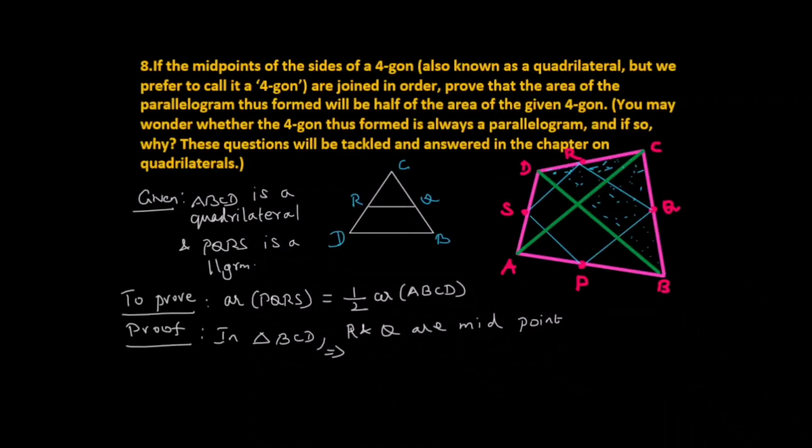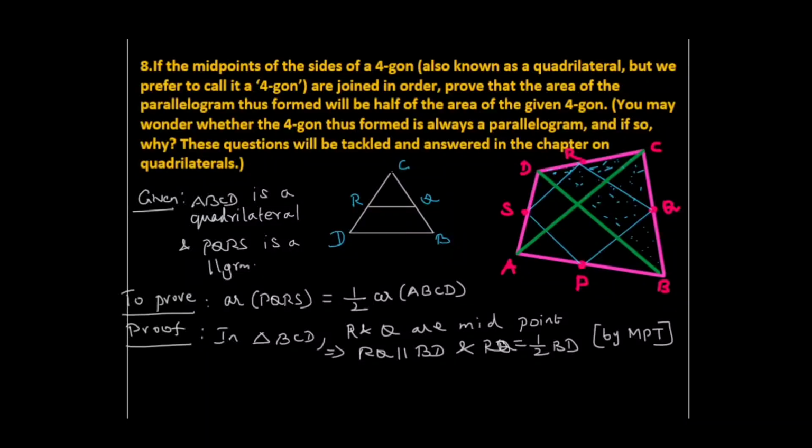That implies RQ is parallel to BD and RQ is equal to half of BD, by the midpoint theorem.